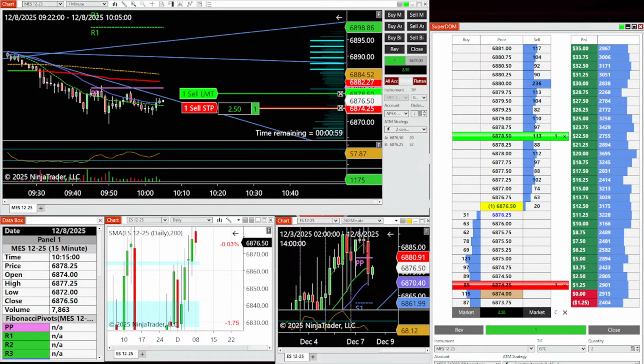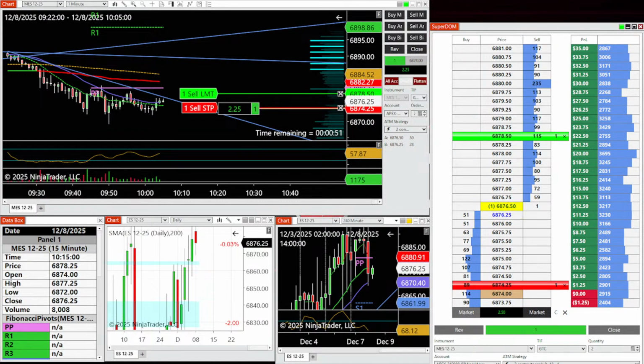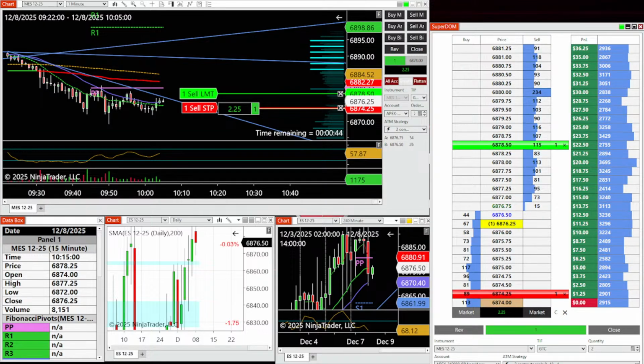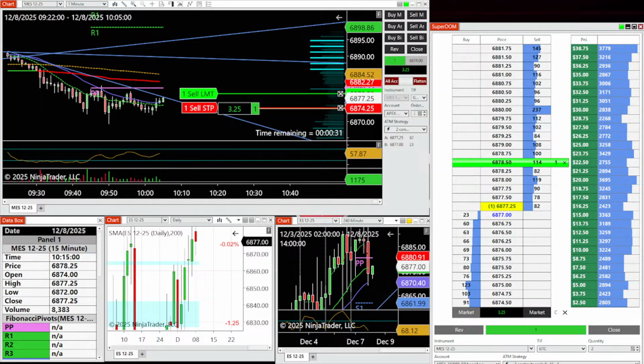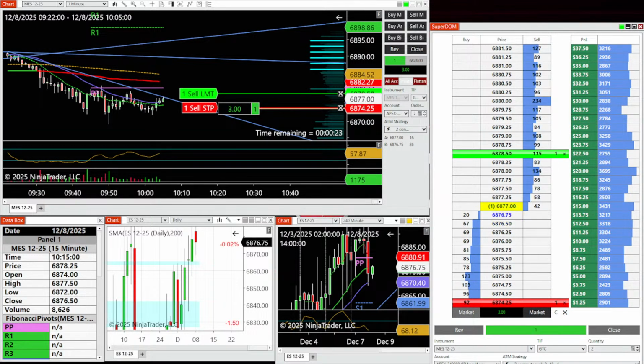78 and a quarter. What are we looking at? 78.50. Gotta break the trend line to get the second target. Don't look like it wants to break.